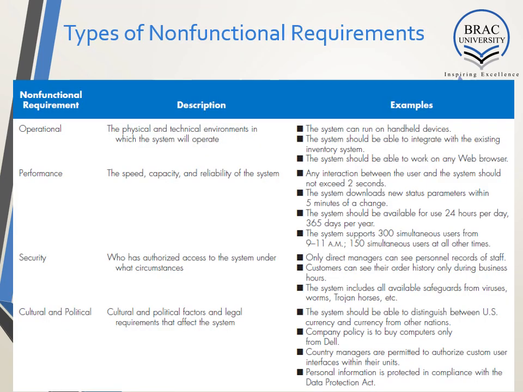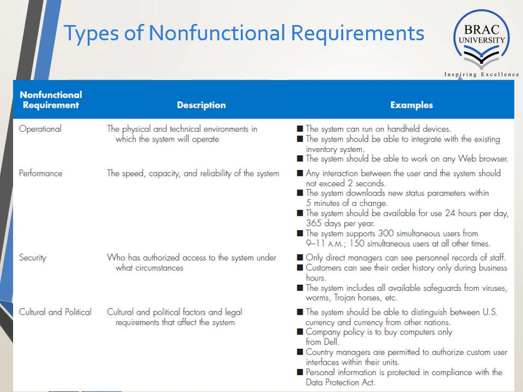So now this is a brief description of these four types of non-functional requirement. The operational part, as I said, is the physical and technical environment in which the system will operate. Performance relates to speed, capacity, and reliability. Security is access control, authentication, authorization.